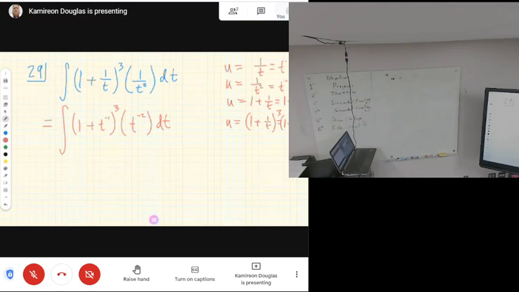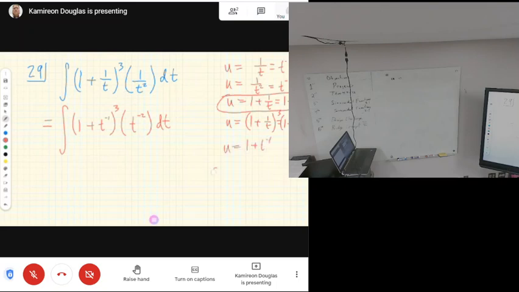Instead, what I'm going to choose is this one, which has the same derivative, but has more pieces to it, which means it's going to simplify much farther. Again, the other one does work, just not as nicely. So, I take this problem, I make my u equal to 1 plus t to the negative first power.